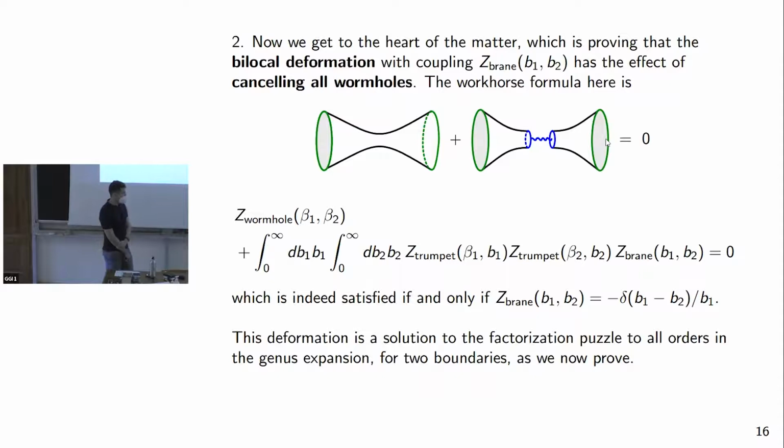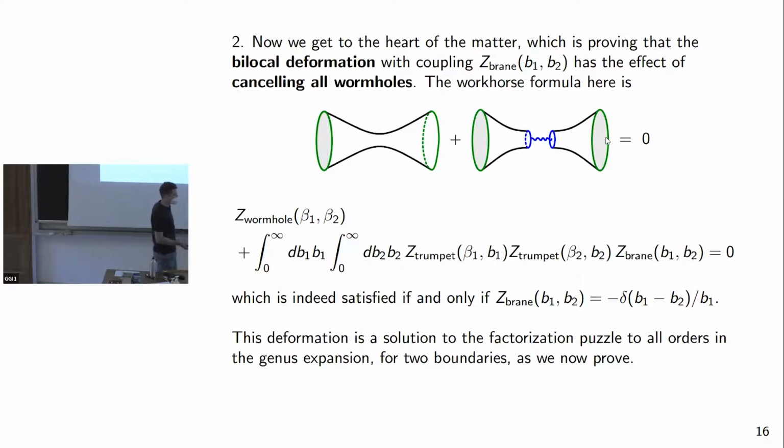Now for the more important piece, I think, which is the factorization argument. So we want to prove that this bilocal deformation has the effect of canceling all wormholes. And the workhorse formula here is the basic formula that already also appeared in the paper by Shankar and company, which is that the sum of these two guys is 0, because if I take z brain to be minus this delta function, then this gluing integral is precisely the same as what you do to compute the wormhole, except for the minus sign.